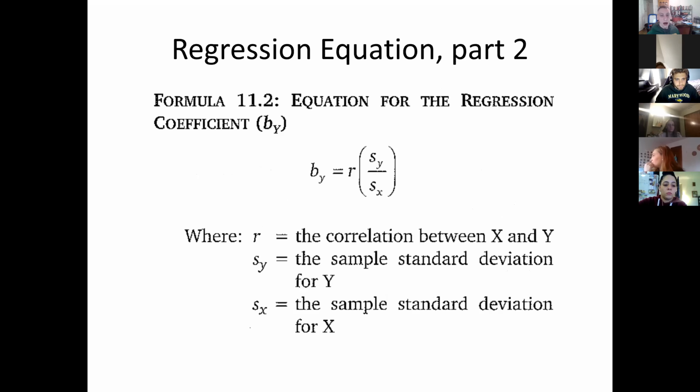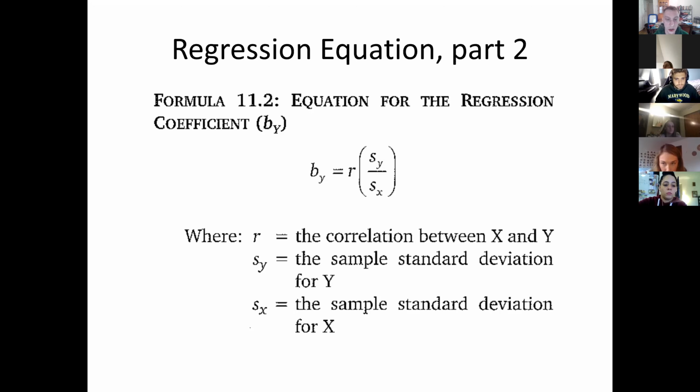Well, what is b? Where does that come from? B is the breakdown of r. Okay, so r is your correlation coefficient, we recall from last week, and all b is equal to in a simple linear regression is r times the ratio of the sample standard deviation for y over the sample standard deviation for x. And that is all it is to find what b is based on r and the sample standard deviations for the dependent variable y and the independent variable x.